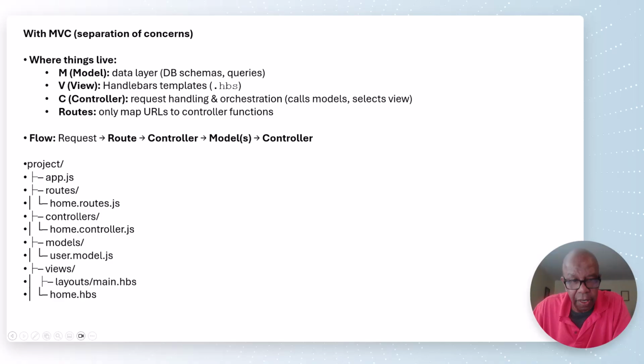As you notice, I have the application, I have the routes, and under the routes I have my home route. Then I have controllers, and I have the home controller. I have the models, and under that the models. Here I have the views, so I put the information that has to do with layouts and views under the views, and then home HBS.